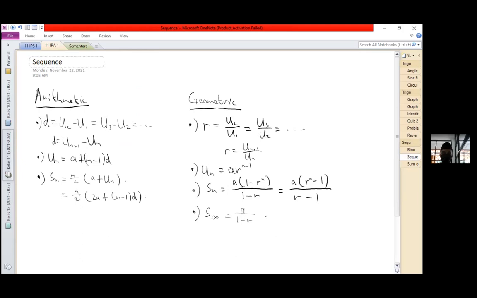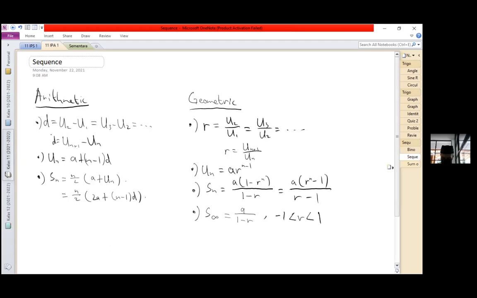And R is between -1 and 1. Okay, and why is that? Carefully.